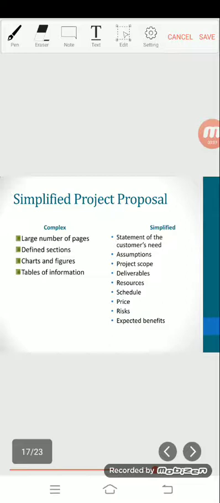Number 8. Risk. Point out any risks that have a high likelihood of occurrence or a high degree of potential impact and show that the contractor has experience and a realistic approach to the project. And number 9, expected benefit.